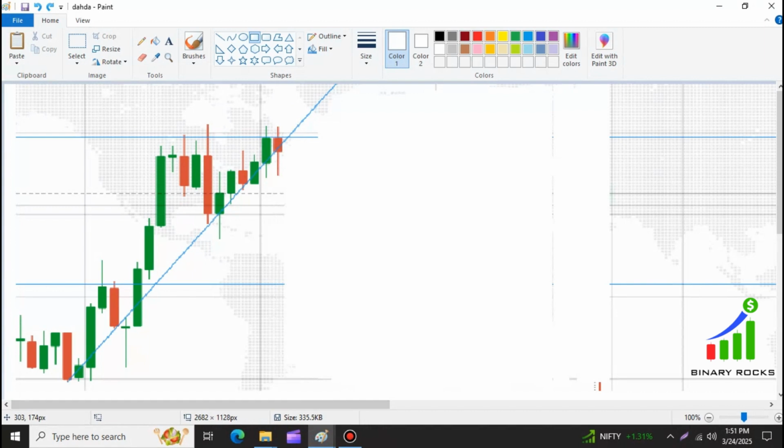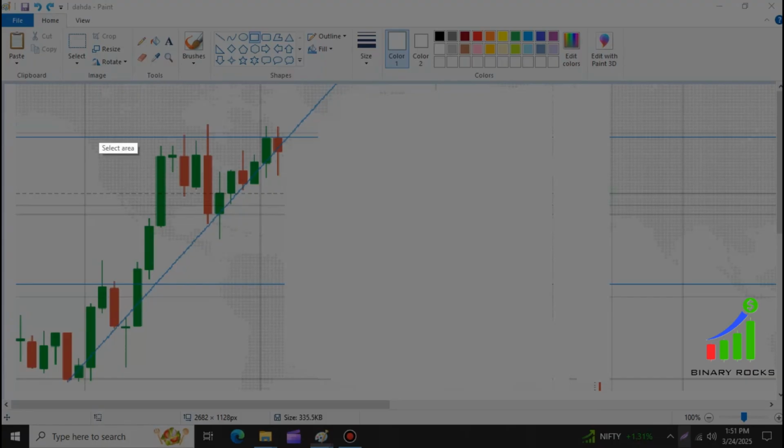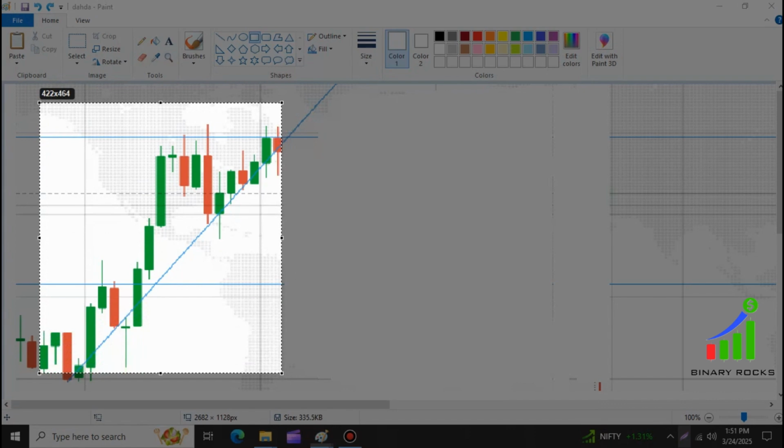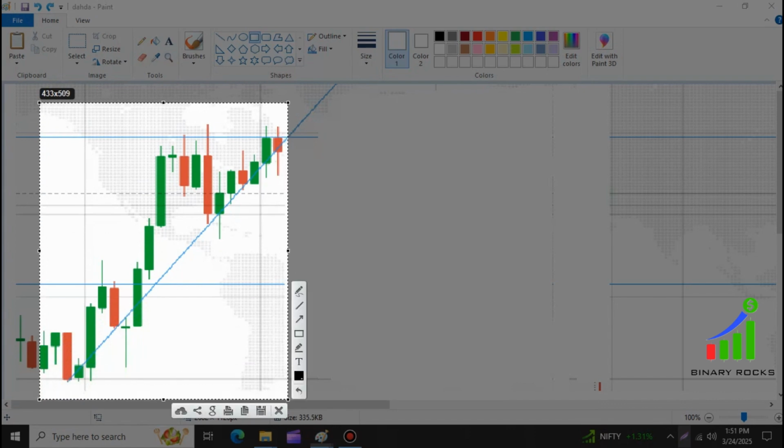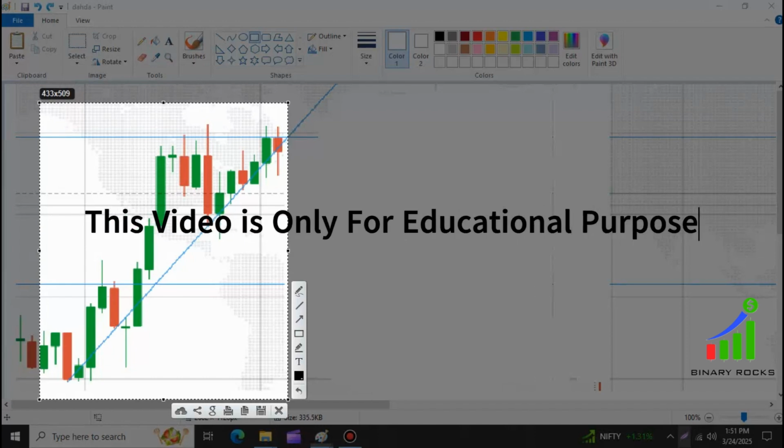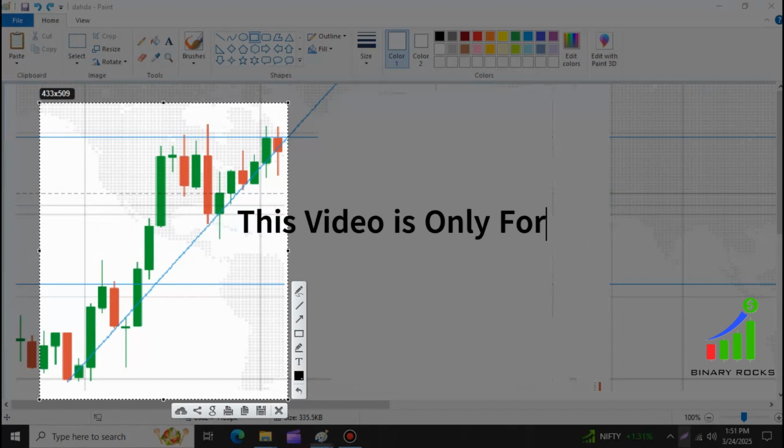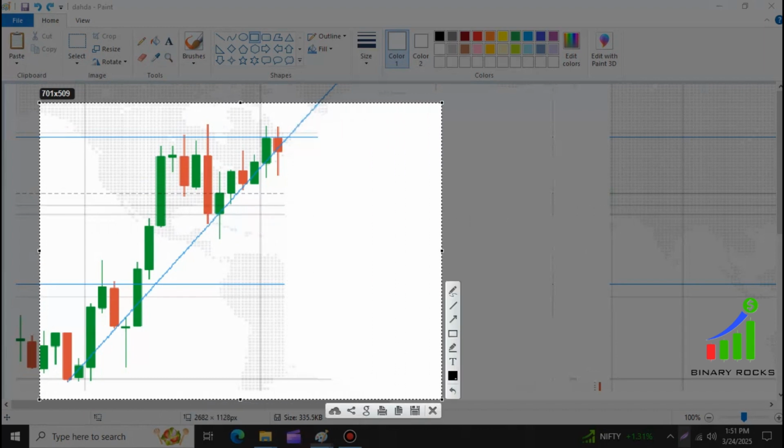Now, if you notice, one, the candle has closed exactly at the trend line area with a rejection. Second, the market closed exactly at the resistance. Maybe the market may go like this, or it may go like this too.